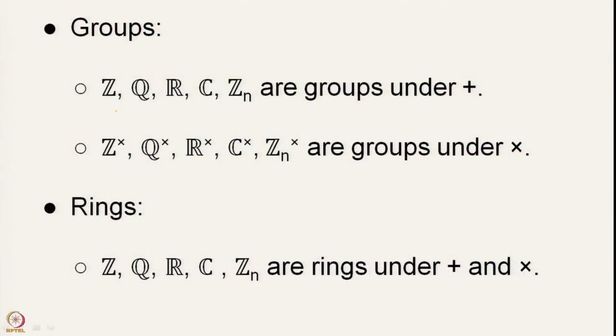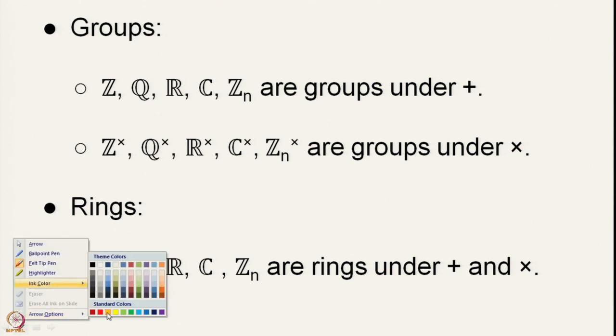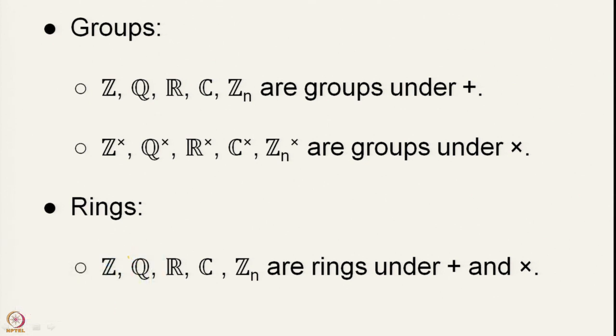And the examples that we see here are the examples of commutative rings with identity. If you see very carefully the examples, Q, R and C have the property that every non-zero element is invertible.